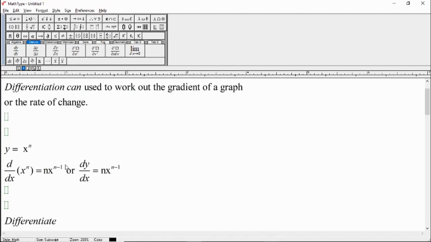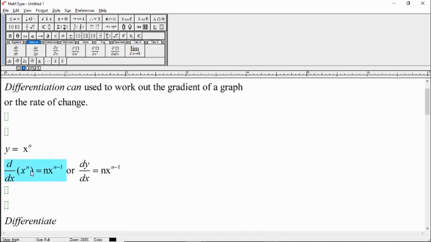These are two ways it can be written out. For example here, d over dx of x to the power of n is equal to nx to the power of n minus 1. We can write it that way or dy over dx, the y representing the y equals x to the power of n, hence y is written like how it is in the first example here.